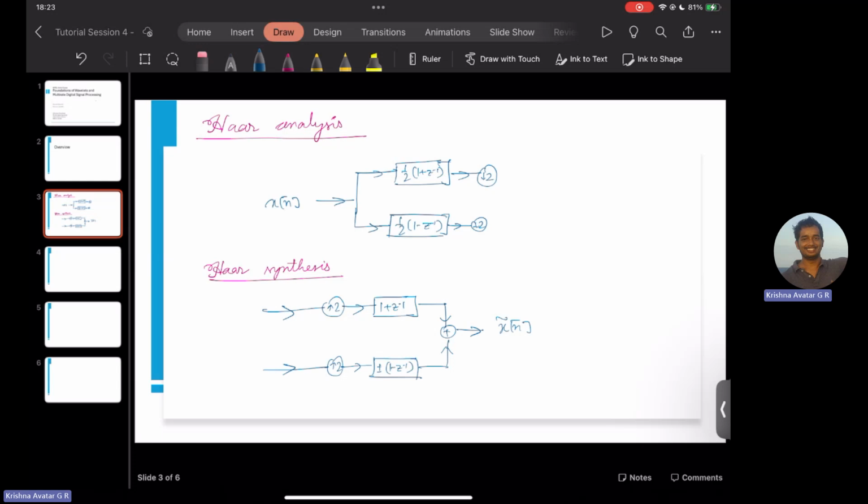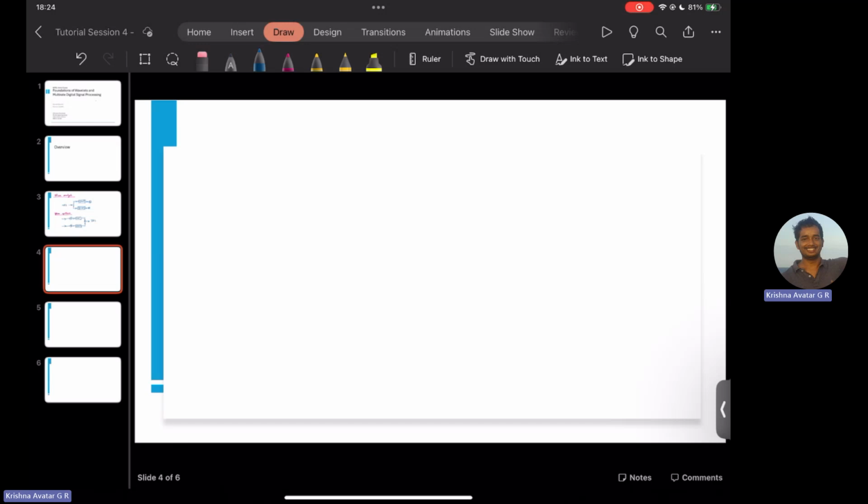Now what we would do is try to analyze this signal in the frequency domain for the filter bank.